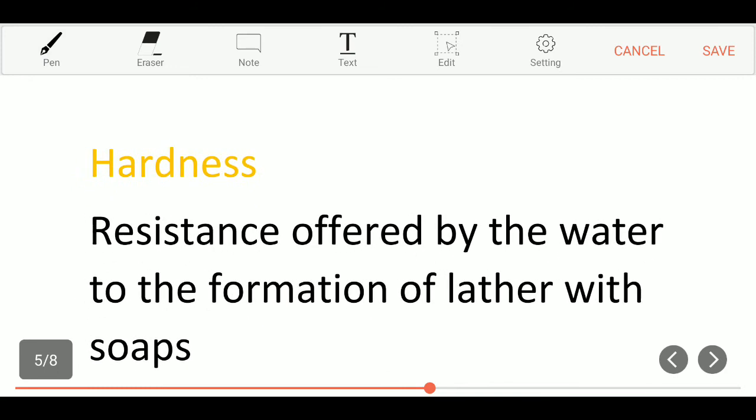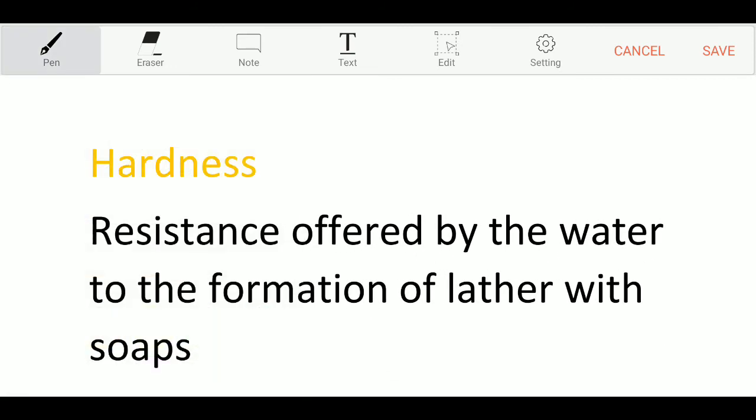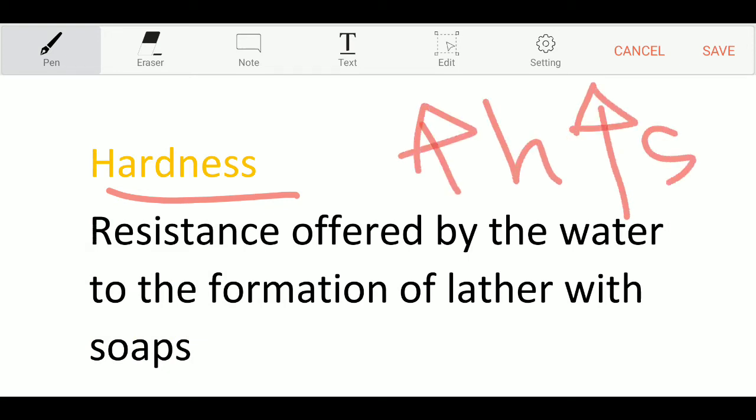Now hardness of water. Hardness is the resistance offered by the water to the formation of lather with soap. That means if the hardness increases, then the soap consumption increases. That means hardness increases, soap consumption increases. It is very bad. So hardness in water is caused by divalent cationic substances such as calcium, magnesium, strontium and iron.